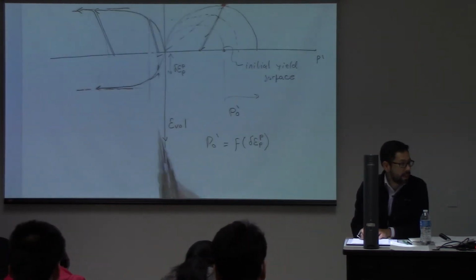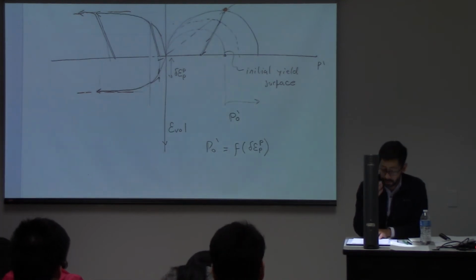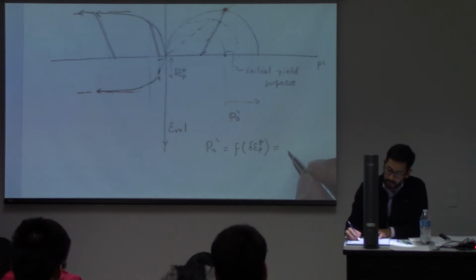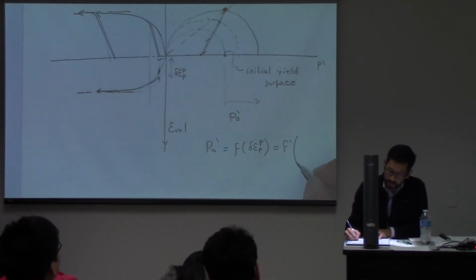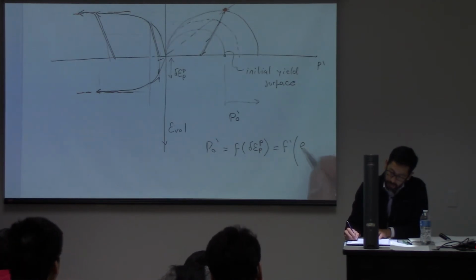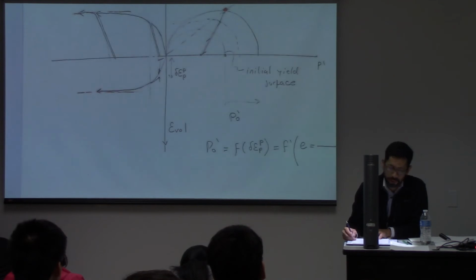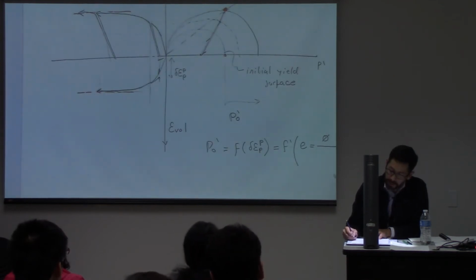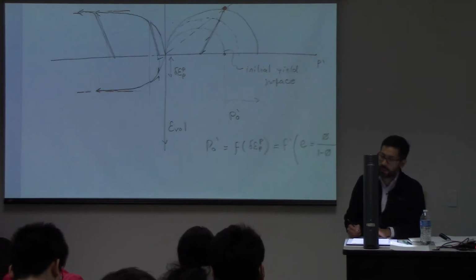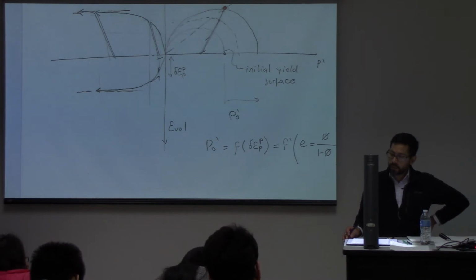And that plastic strain is volumetric plastic strain, and if it's volumetric plastic strain, we can also link it to the porosity, or what is mostly used in this model, something called the void ratio, where the void ratio is the ratio of porosity divided by 1 minus porosity. I'll come back to this explanation, a physical explanation of the void ratio, in a minute.